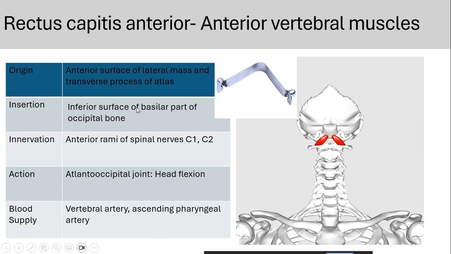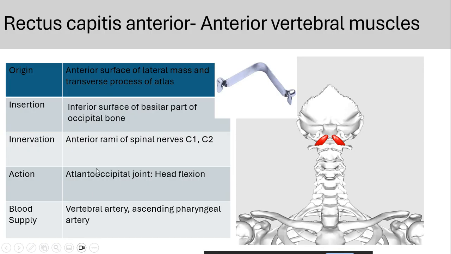Insertion is the inferior surface of the basilar part of the occipital bone. So this is the basilar part of the occipital bone. Innervation, anterior rami of spinal nerves C1, C2. Action, atlanto-occipital joint head flexion.